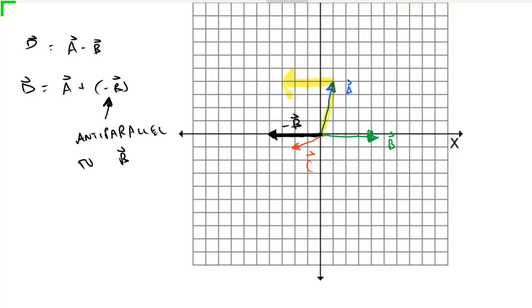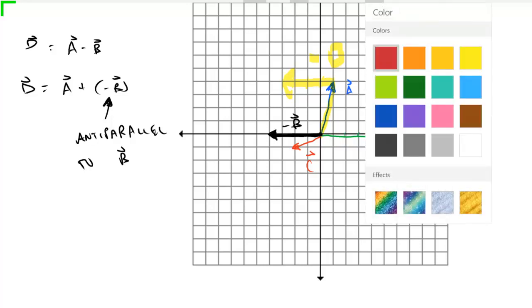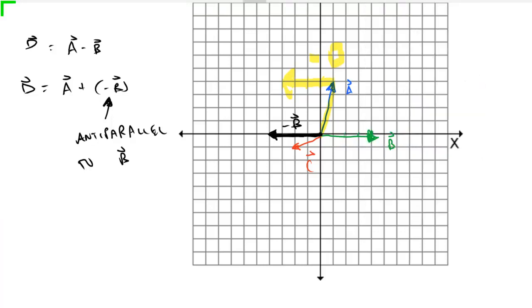That would be vector negative B. So our resultant would be from the beginning of the first one to the end of the second one. This is the vector difference, vector A minus B.